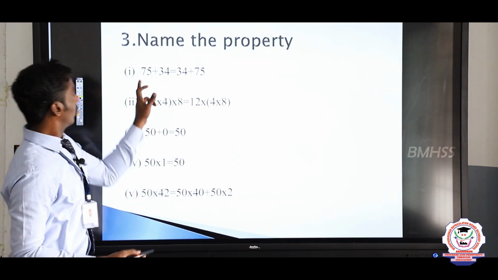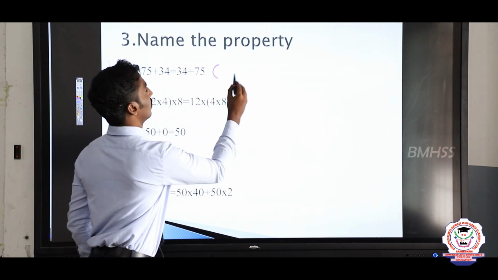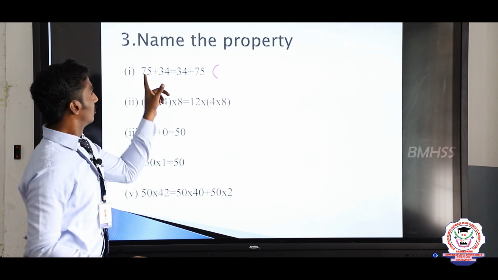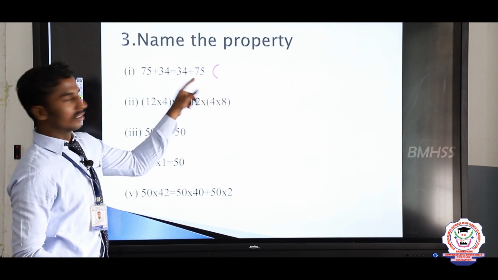Next one, property name. 75 plus 34 equal to 34 plus 75. Addition.